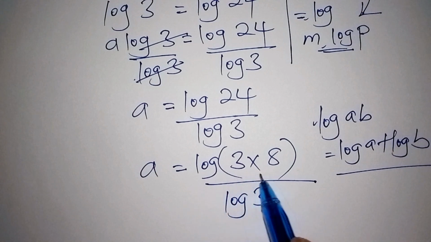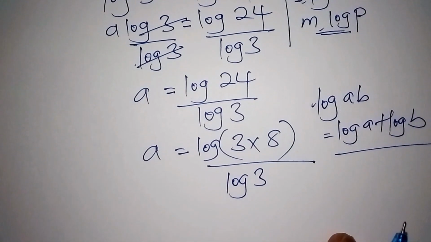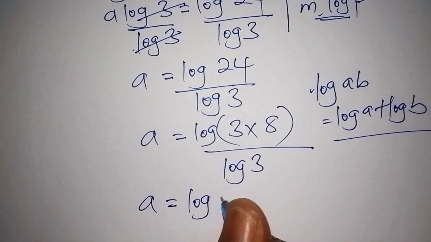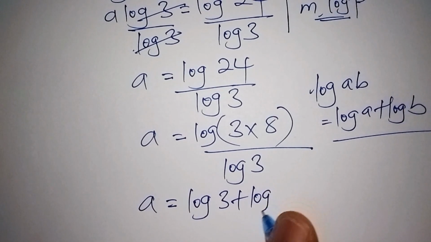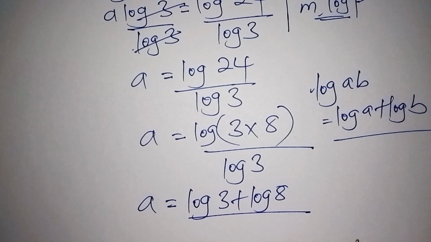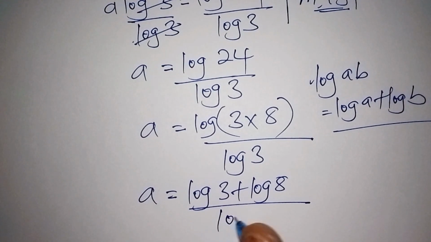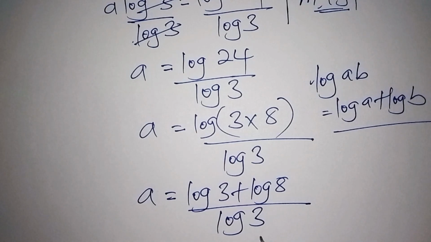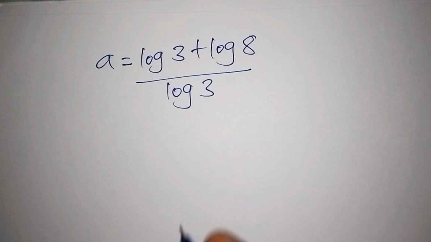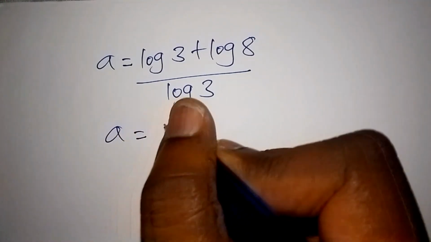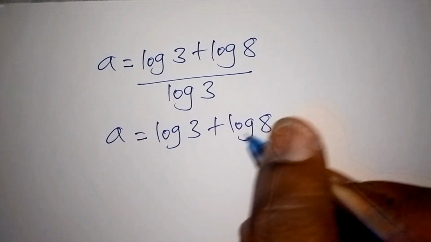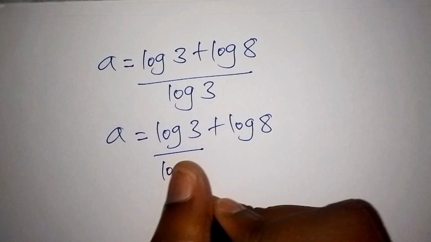So when you have the log of 3 multiplied by 8 over the log of 3, we can write that a is equal to the log of 3 plus the log of 8, all over the log of 3. On our next step, we shall divide both sides by the log of 3.